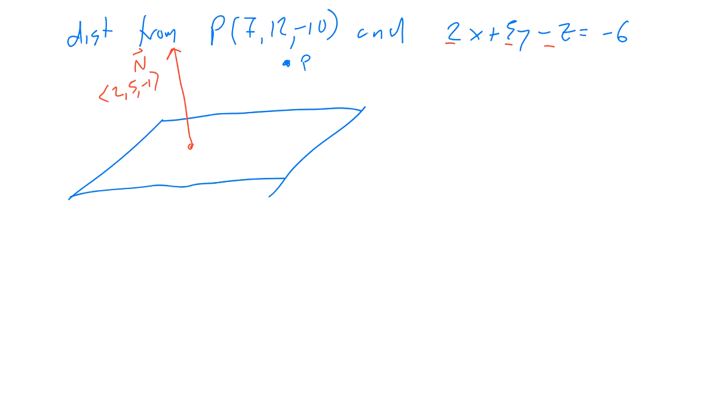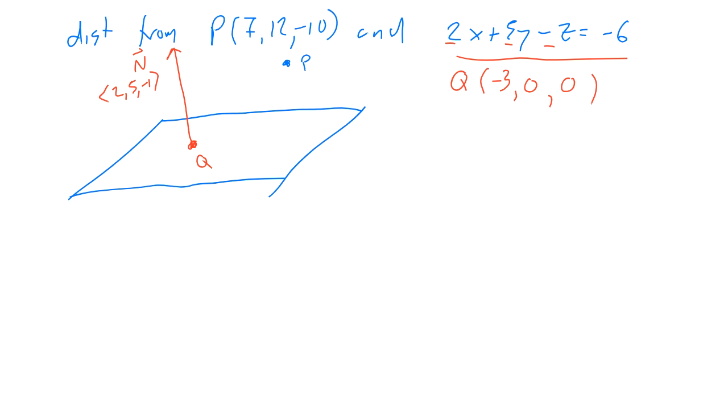I can also find some point Q in the plane just by picking any point which satisfies this equation. One good way of doing that is by setting two of the coordinates equal to 0 and solving for the third. So for example, if I set y and z equal to 0, then I would have 2x equals -6, so x would be -3. So -3, 0, 0 is an example of a point in the plane.